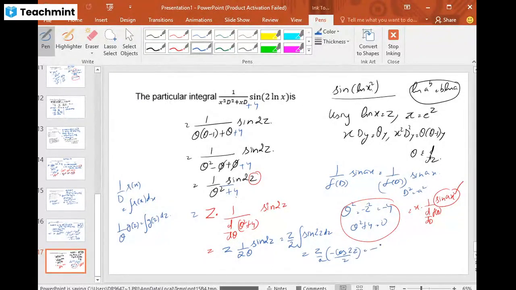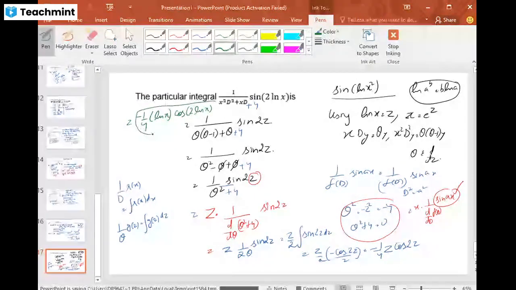So the answer is minus 1 by 4 z cos 2z. Now what is z? Log x. So the value of this part is minus 1 by 4 log x into cos of 2 times log x. This is the particular integral of this problem.